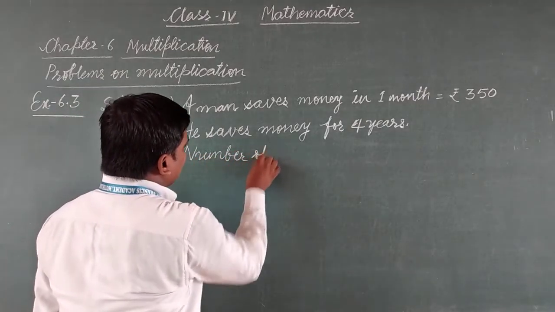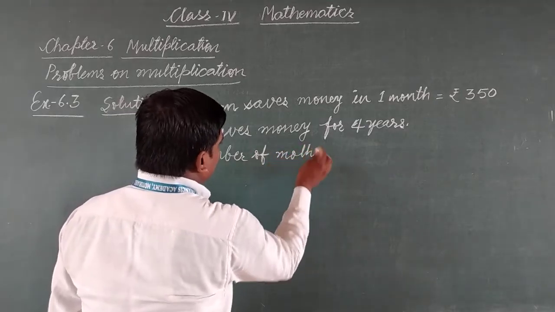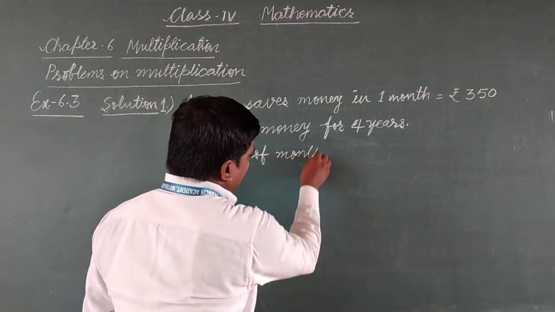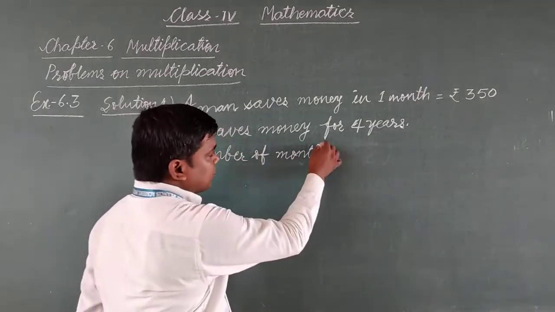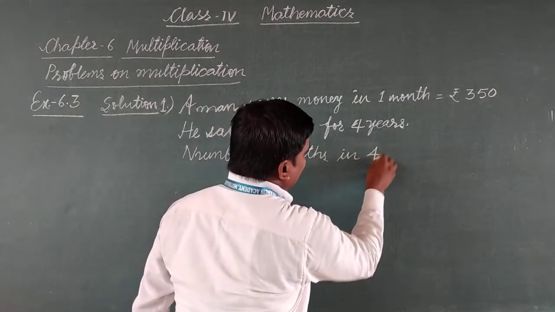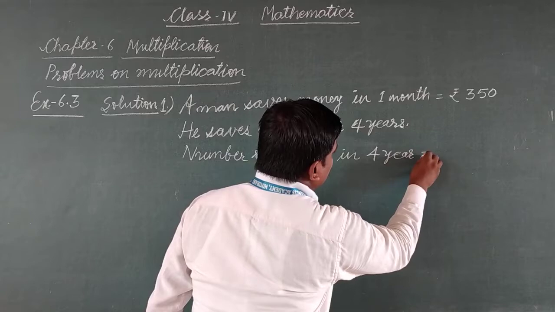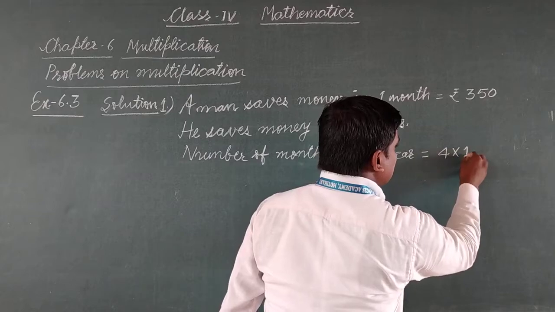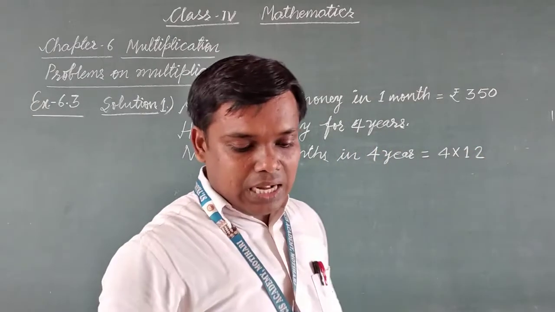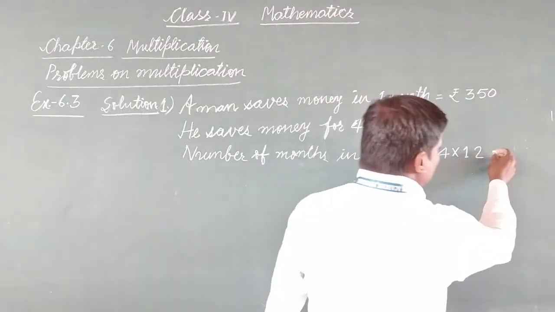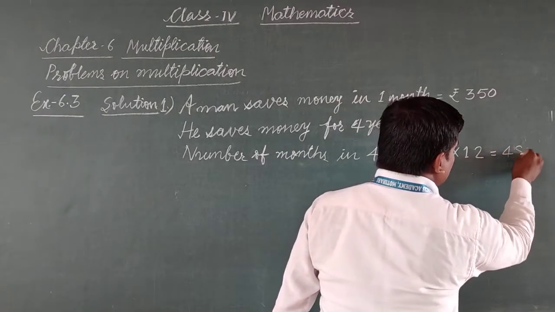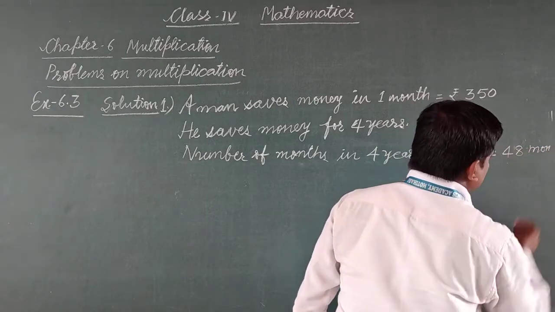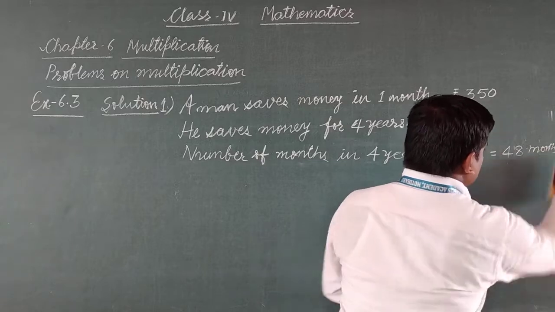Number of months in 4 years is equal to, as we know, there are 12 months in a year. So in 4 years we will have 4 into 12 months, which is equal to 48 months.